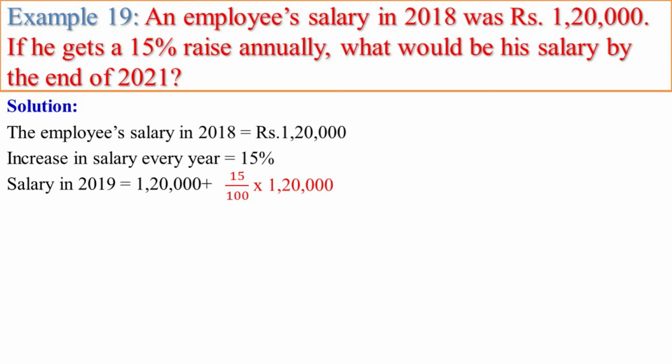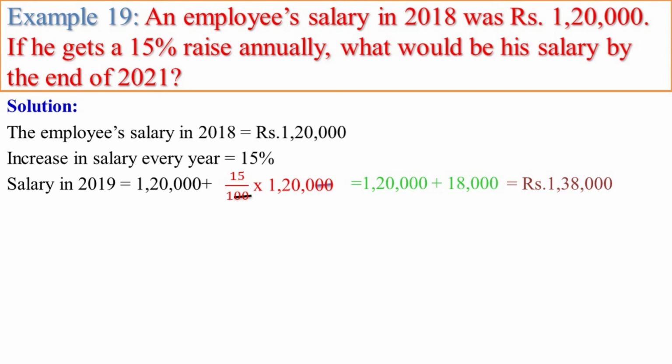Two zeros in 100 and 1,20,000 get cancelled, and we have to multiply 15 and 1,200. On multiplying we get 18,000, which will be added to 1,20,000, and therefore the salary amount of 1,38,000 is got by the employee in the year 2019.